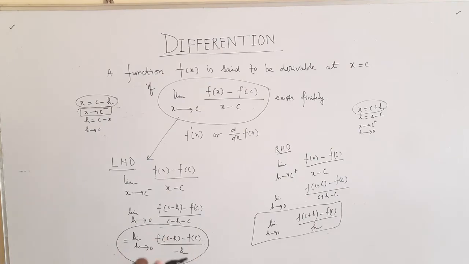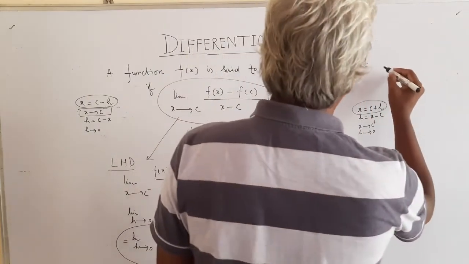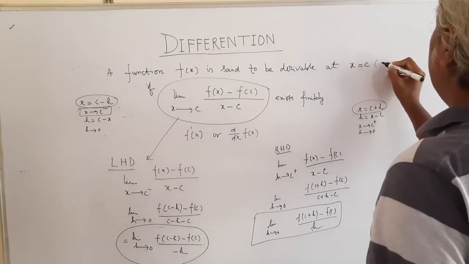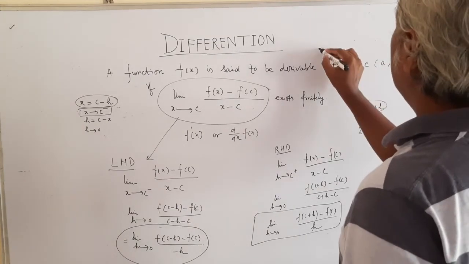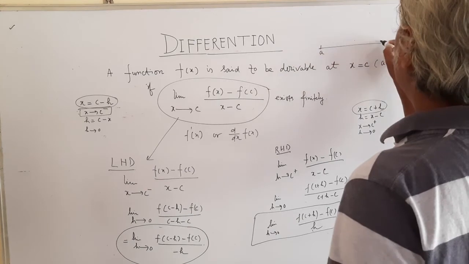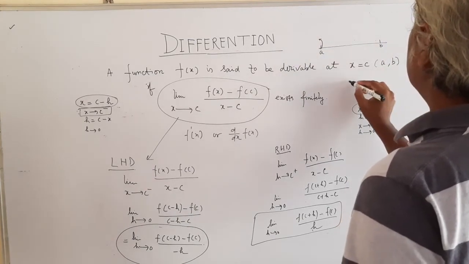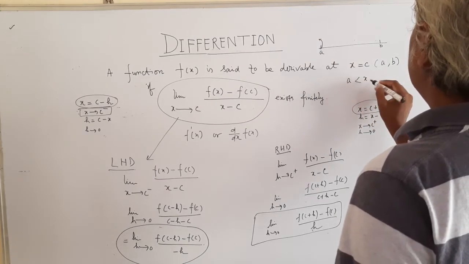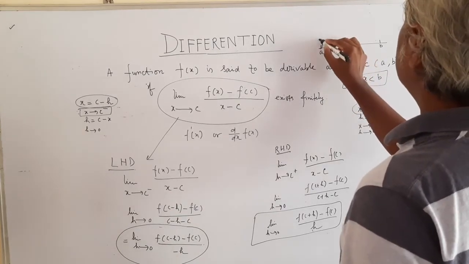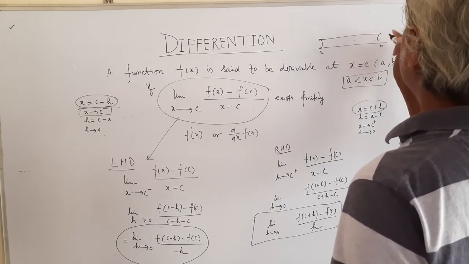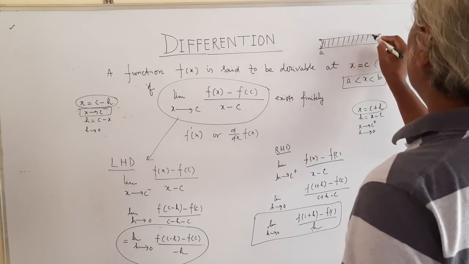Now if I say that my function is defined in a closed or open interval, suppose I take c belongs to the interval (a, b). Here a is not included because this is an open interval, so it means x is more than a and less than b. So b is not included either, and then here I shade it like that. So this is the whole real number.